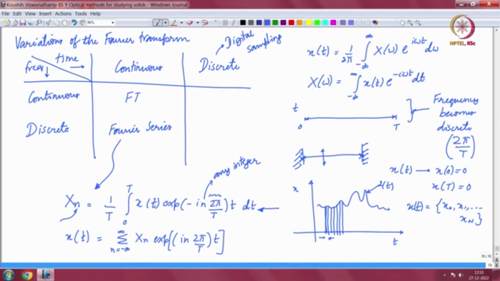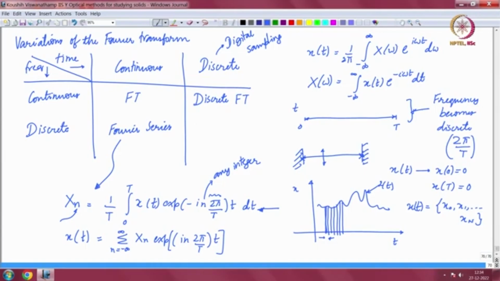If you have an infinite domain discrete time signal, which means you do not have boundary conditions like this, then your frequency will be continuous because the frequency has no reason to become discrete, but your time is now discrete. When you have a situation like this, you have a variation of the Fourier transform that is called the discrete Fourier transform. So you still have a continuous frequency spectrum, but you have a discrete set of points in time.